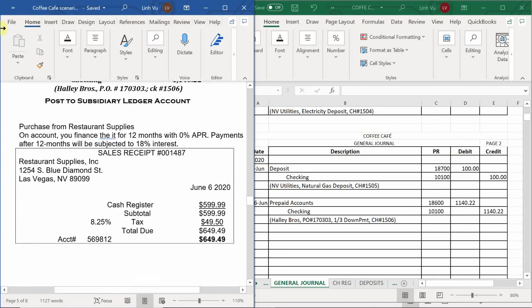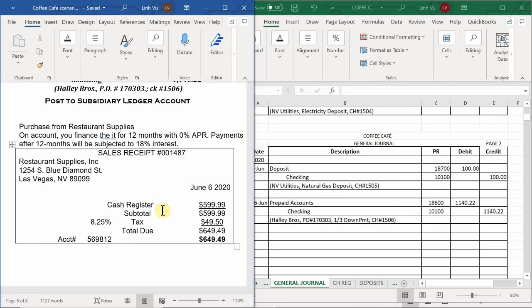So in this case, on June 6th, I purchased a cash register. Now, once again, a cash register is going to be a fixed asset. Now, what are the costs that are going to be included in purchasing the cash register?